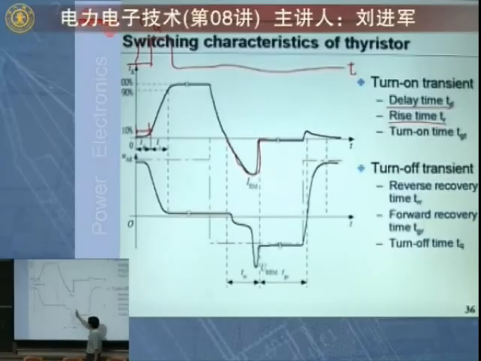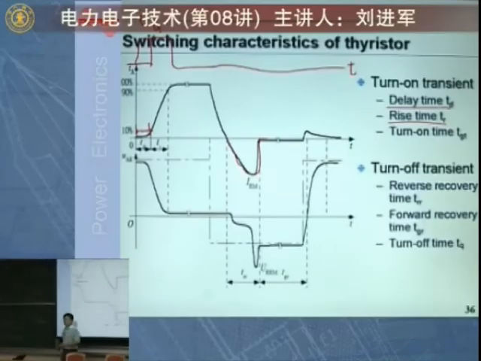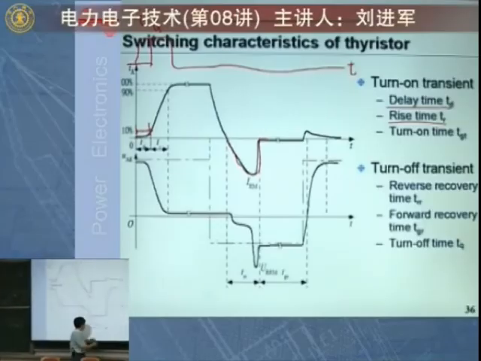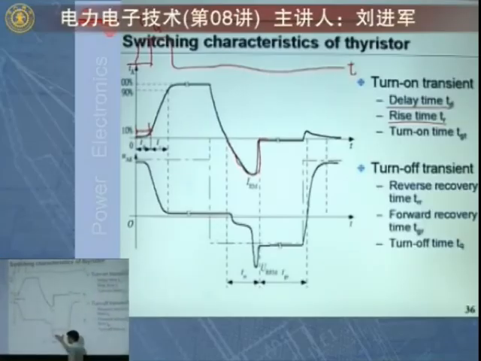But after this reverse recovery, the thyristor is still different from the diode. For the thyristor, we still need a certain time resting. The thyristor will be resting for a certain time before you can apply positive voltage again from outside.